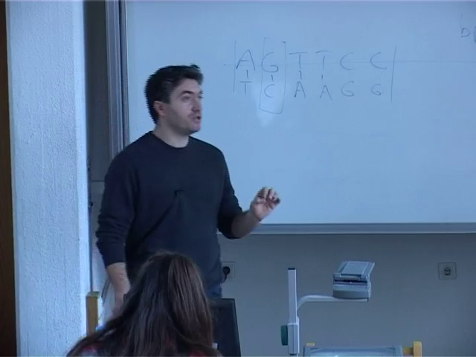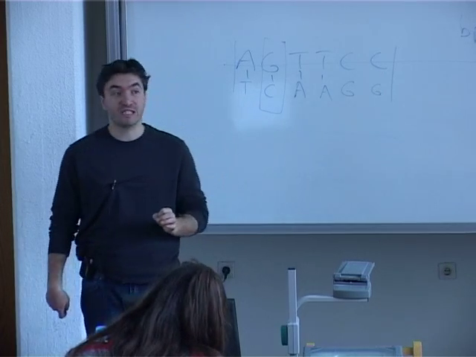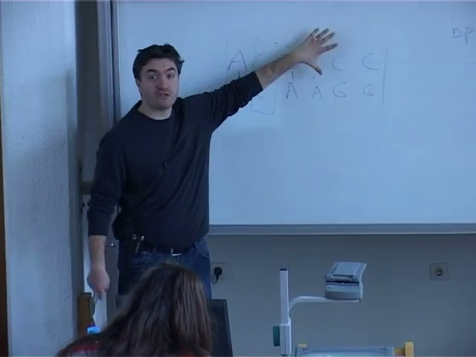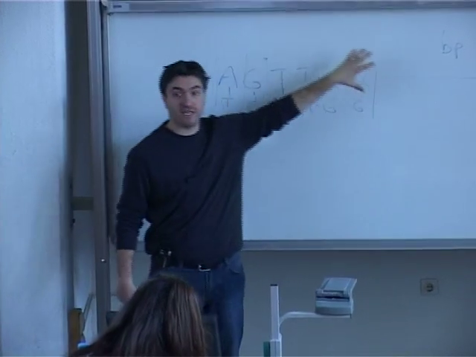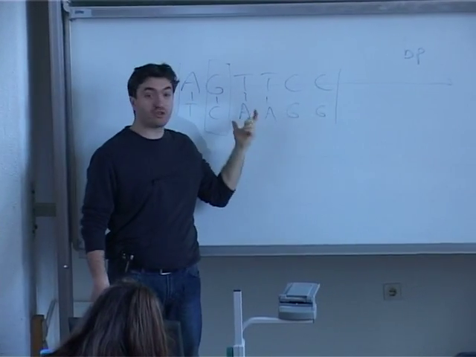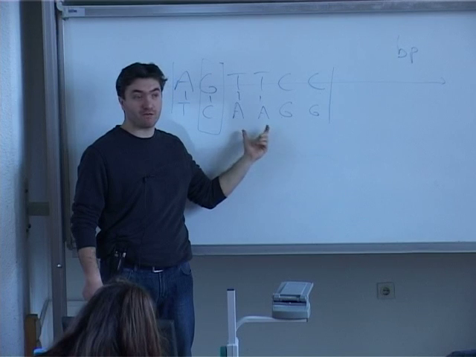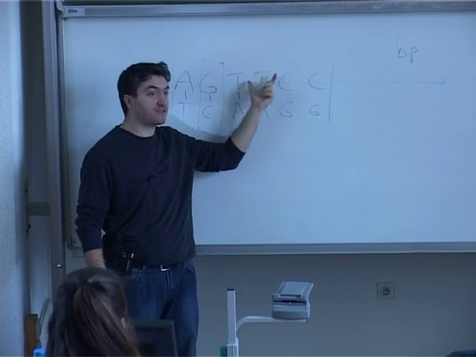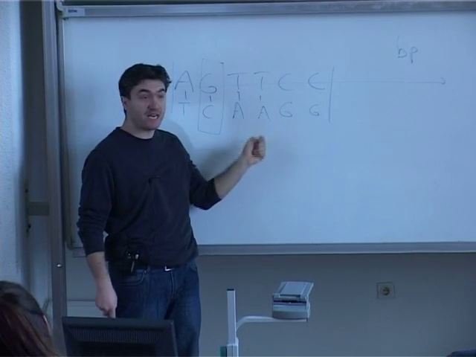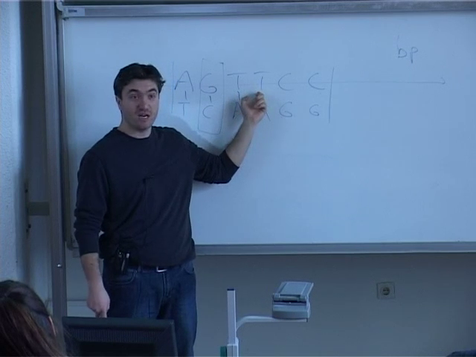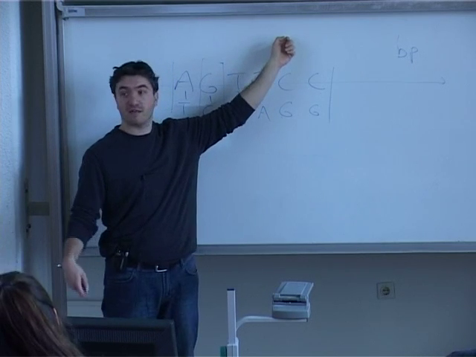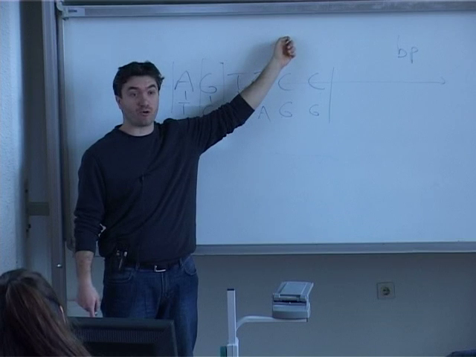Because usually functionally important regions of this DNA sequence need to be preserved. They need to be conserved during evolutionary history, because if there's a mutation in this region, that new mutated species will not survive.